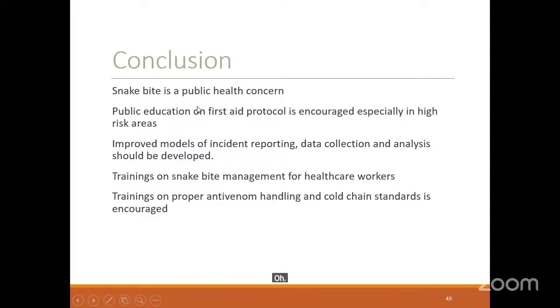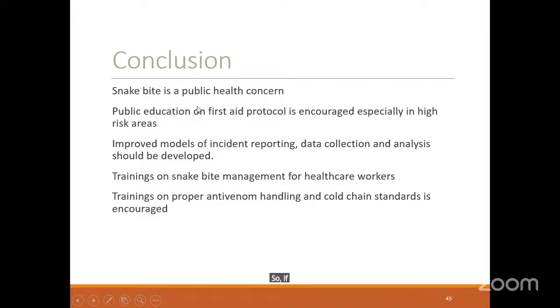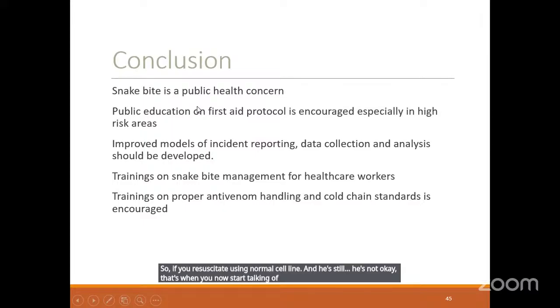Of course, the first way to manage shock is to resuscitate using normal saline. If you resuscitate using normal saline and it still is not okay, that's when you start talking of your vasopressor, like noradrenaline. But this patient responded to normal saline.